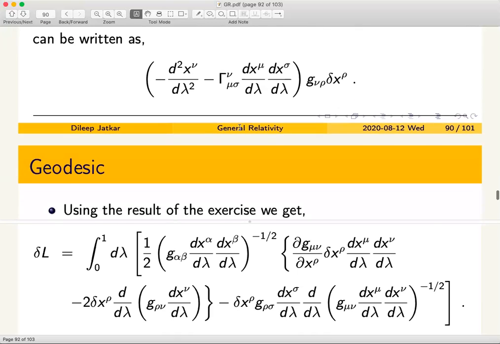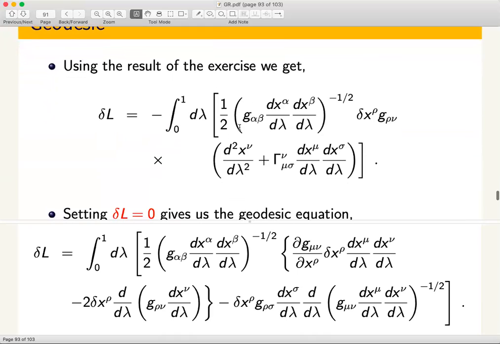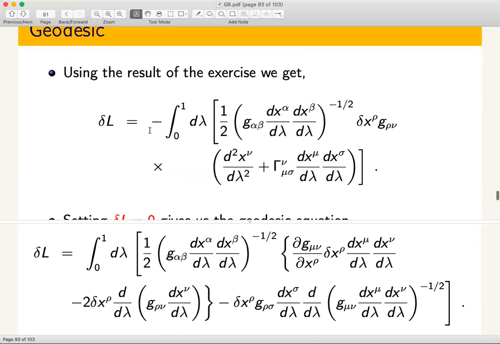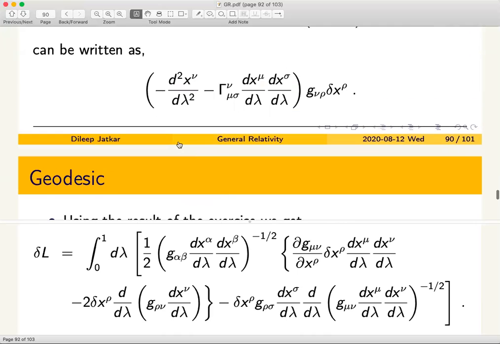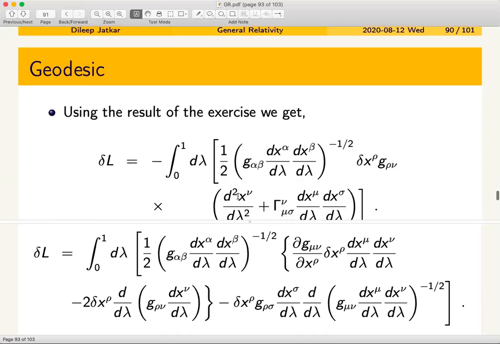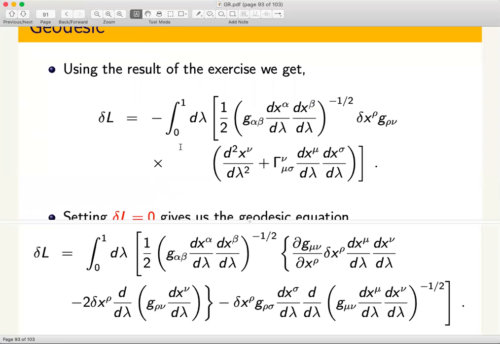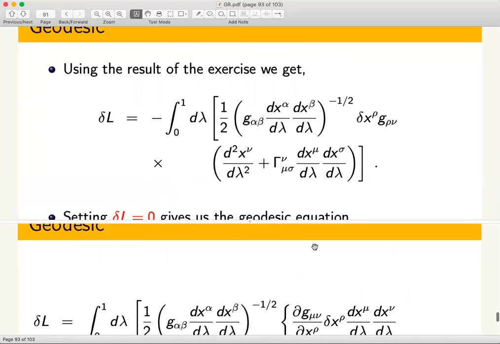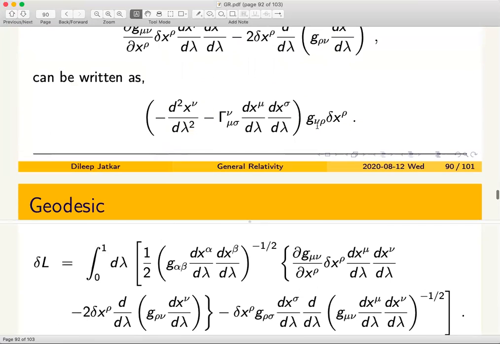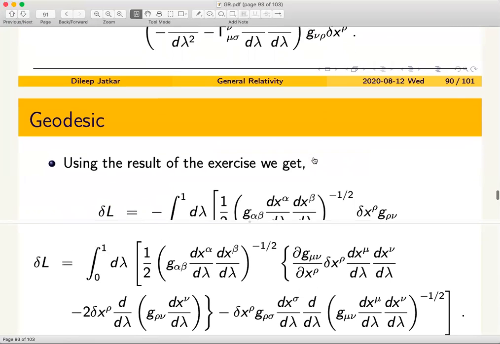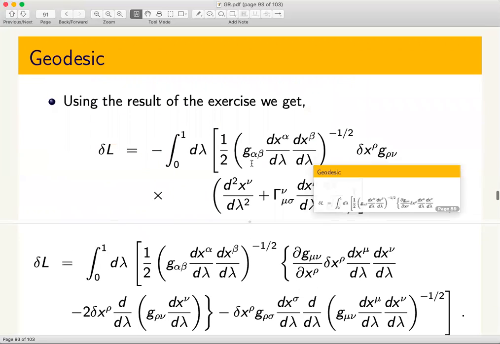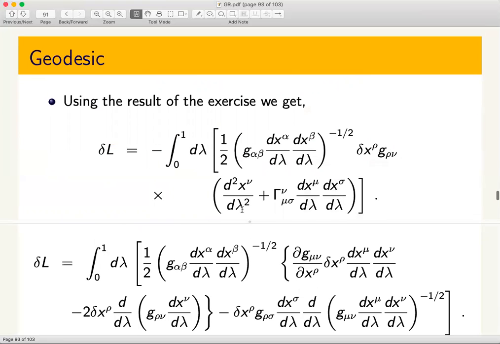So we get delta L, with a minus sign because we got this with minus factors, which is not very important for us, as the integral over d lambda of half times g alpha beta dx alpha dx beta to the minus half, times delta x rho g nu rho times this piece.